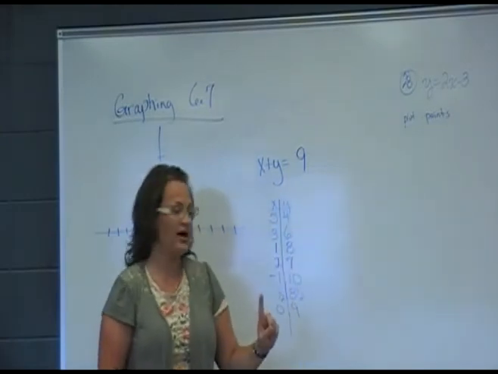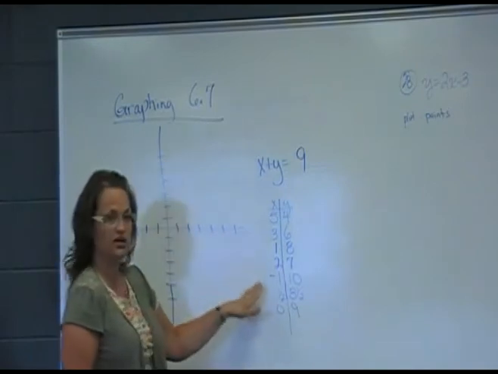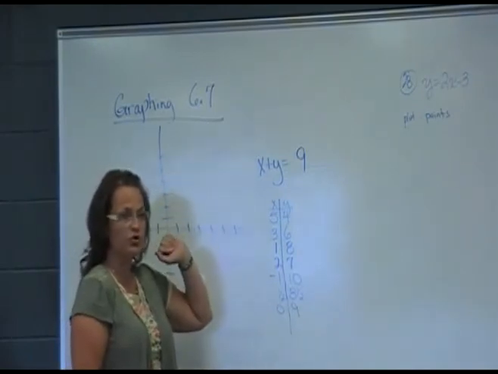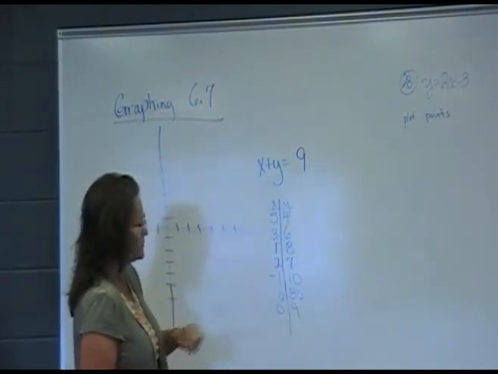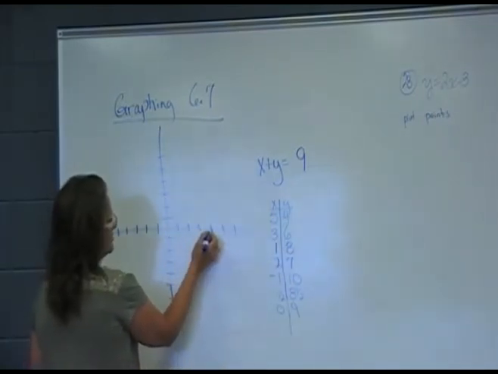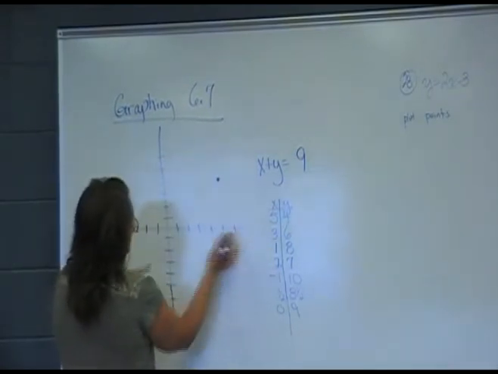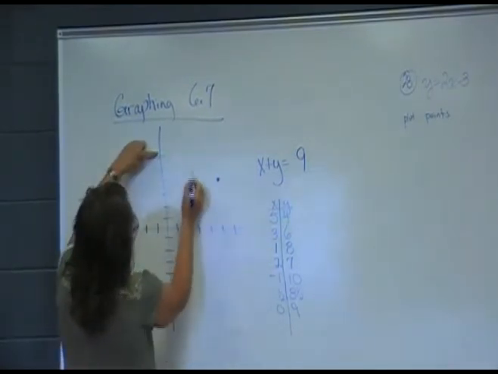But the neat thing about it is all of these combos will line up perfectly. If you put a stick up here at the edge of your book, they'll line up exactly in a line. I'm going to show you, for example, 5 and 4 would mean go over 5 for the x and up 4. 3 and 6, over 3, up 6.